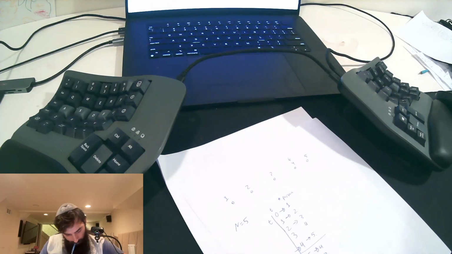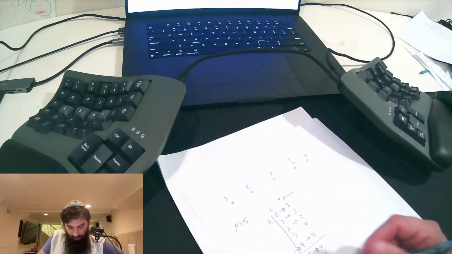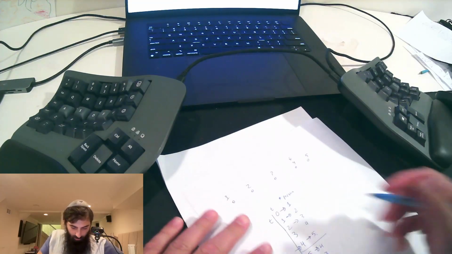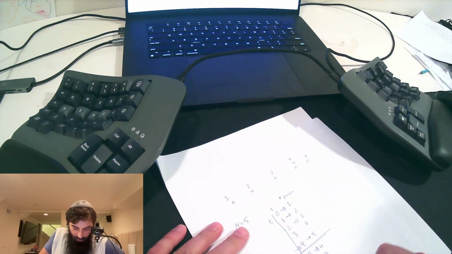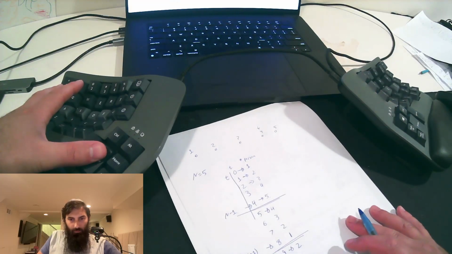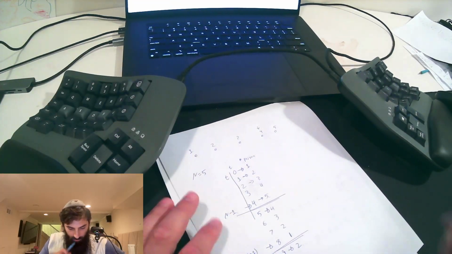Okay? And then it repeats, right? So 9, it goes 2. So what is the pattern here? There's 3 different situations that we can be in. I hope I'm getting this.